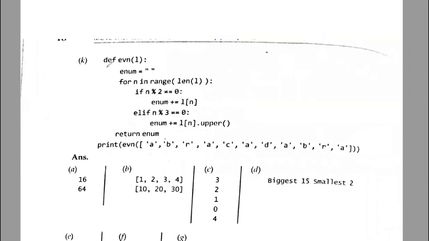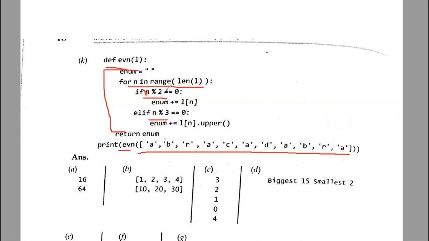Next question, def, we have a function and I have some list being passed as a parameter. What it is doing is checking for n in range of L, the length of this particular list. It is going to take each and every index and check whether the index is a multiple of 2 or a multiple of 3.